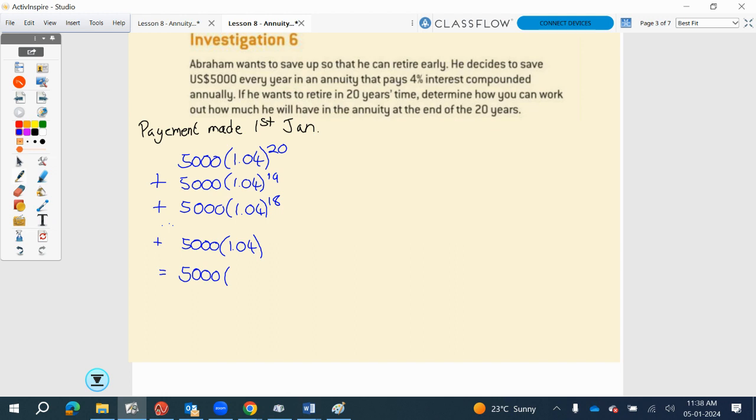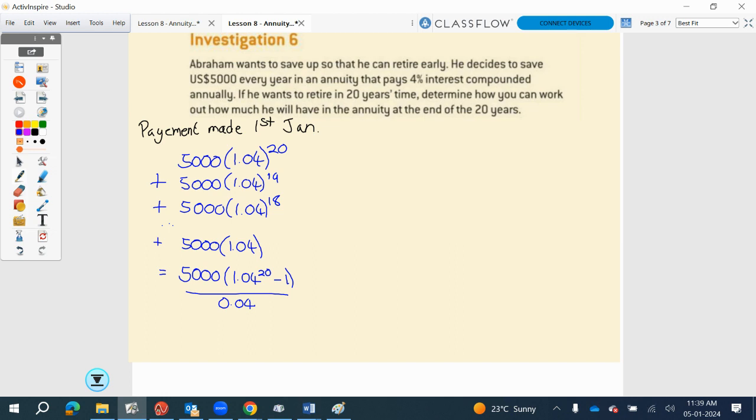What's the common ratio? 1.04. What's n? 20. Is it plus 1, minus 1? Minus 1, over r minus 1, so 1.04.